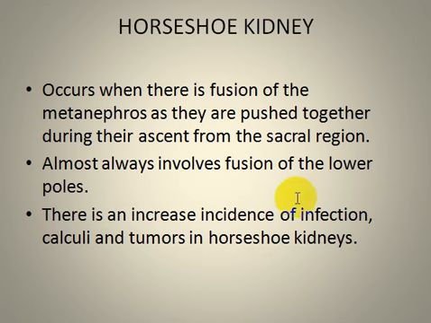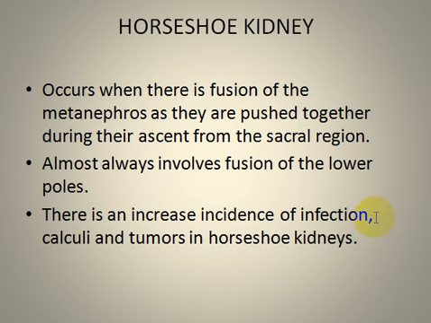Horseshoe kidney: the long axis of the kidney is parallel to the spine, and it is fused in the lower pole. Sometimes it is difficult to see the fusion in the lower pole because of interference with gas.